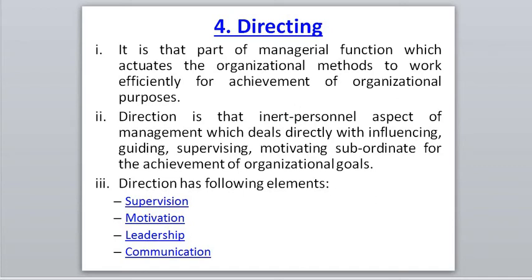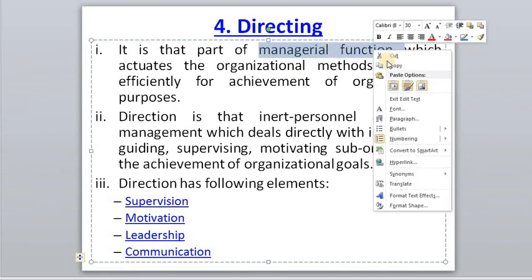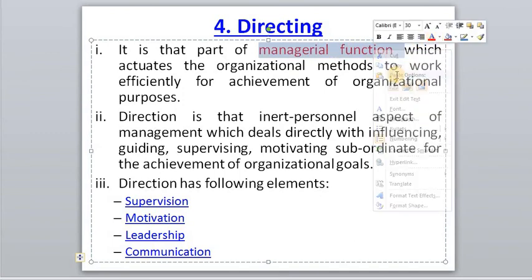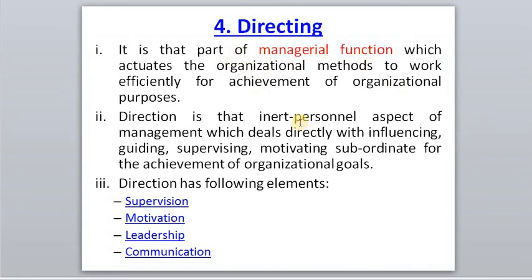It is a job of the manager at a higher level to execute the work in proper directions, in order to achieve the organizational goal. We have to direct the various activities in proper directions.